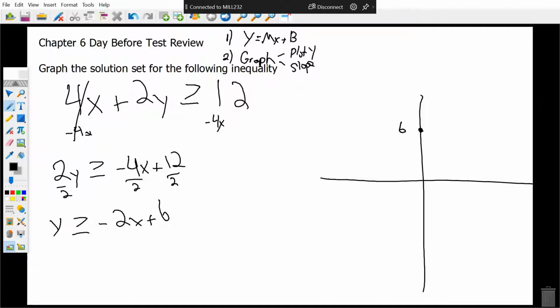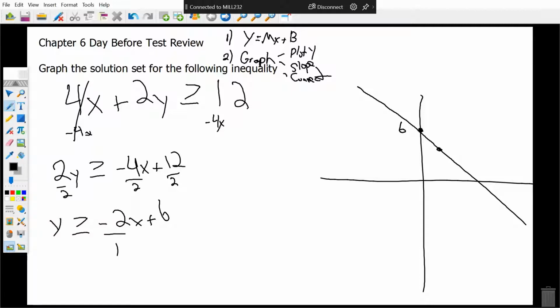The slope is negative 2 over 1. So a rise of negative 2, down 2, over 1. And then step 3, just connect the dots. Connect those two dots, and it's graphed.